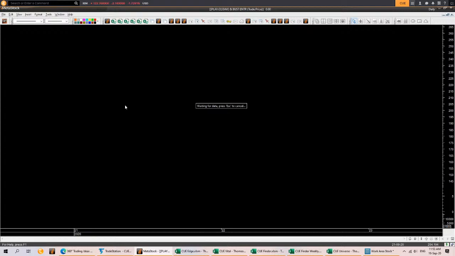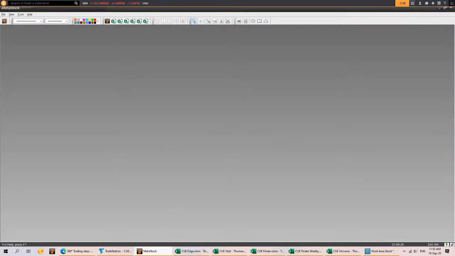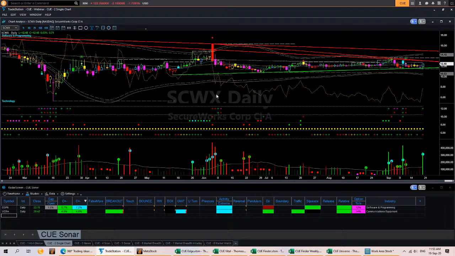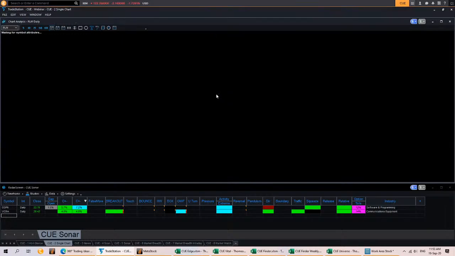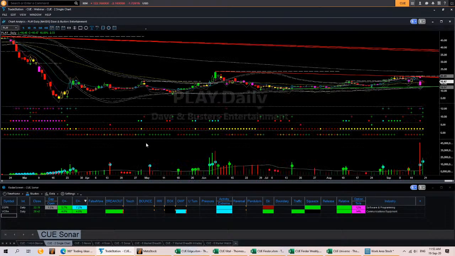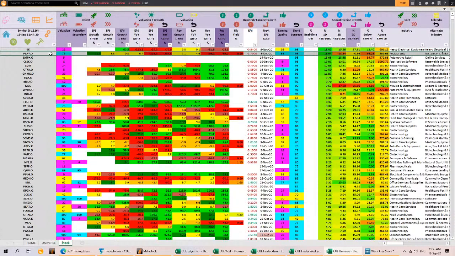Look at its chart using Q Global. Okay. MetaStock is giving a data connection issue. So let's look at PLAY using Q Elite. It's inside a triangle. Memory resistance and support are both there. So I'm not interested. Now I can delete PLAY.